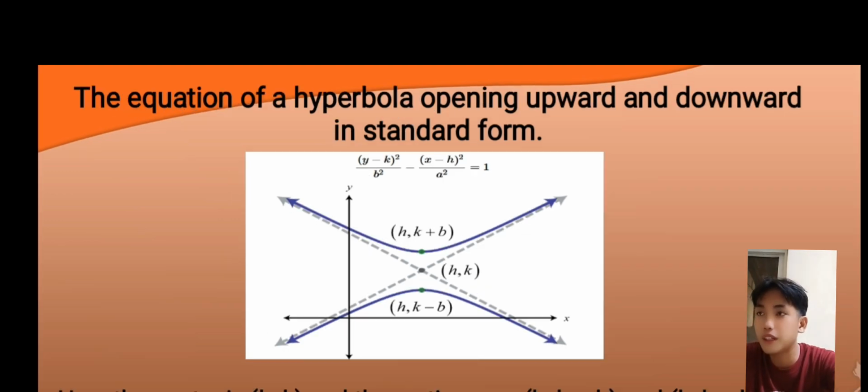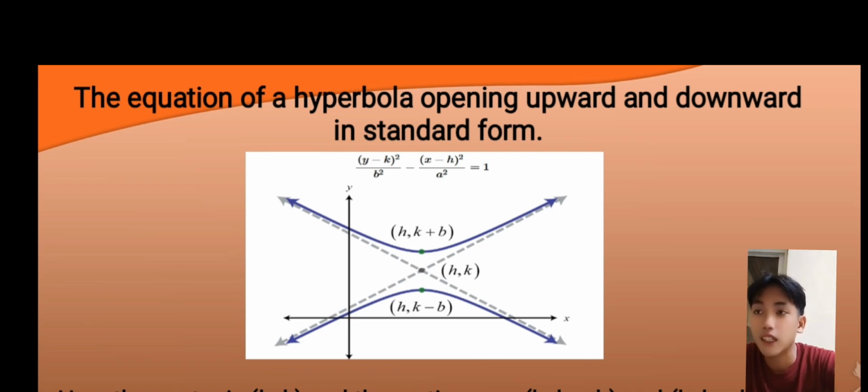So move forward. There is also the equation of the hyperbola opening upward and downward in standard form. The equation of our hyperbola that is opening upward and downward is the quantity y minus k squared over b squared minus the quantity x minus h squared over a squared equals 1.